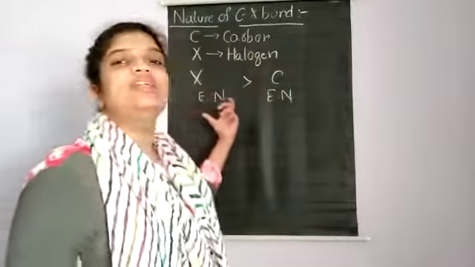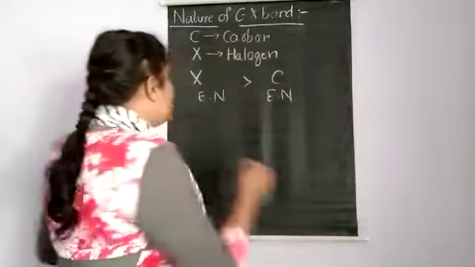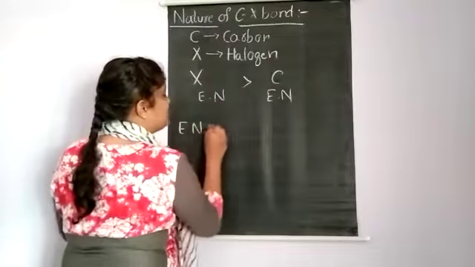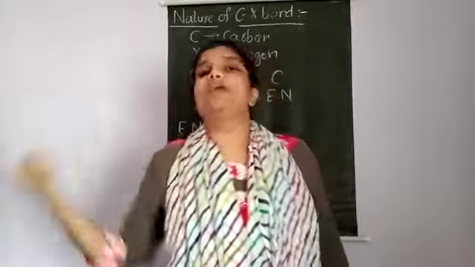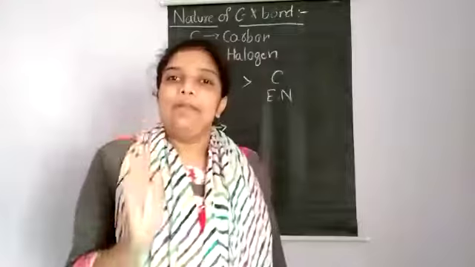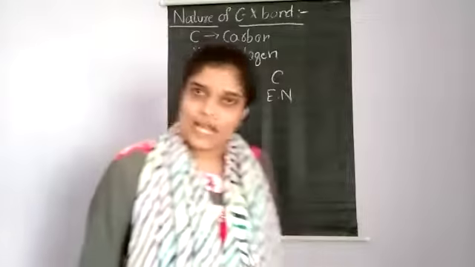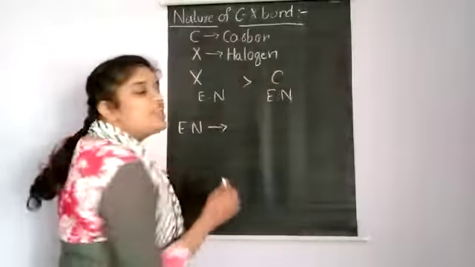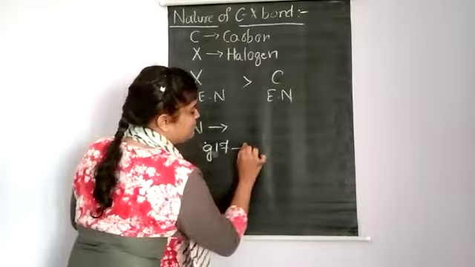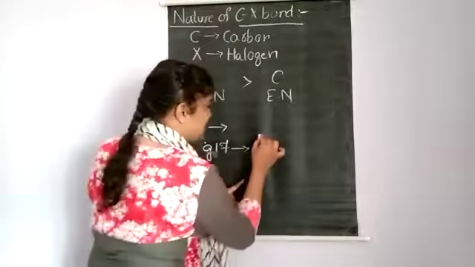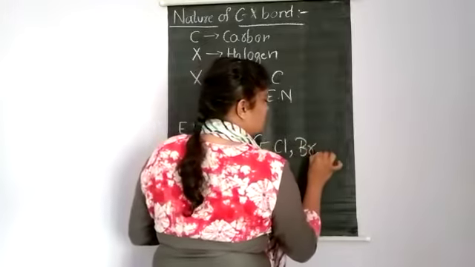Electronegativity refers to the ability of an atom to attract the bonded pair of electrons towards itself, and that is very much higher in group number 17, that is the elements fluorine, chlorine, bromine, iodine.